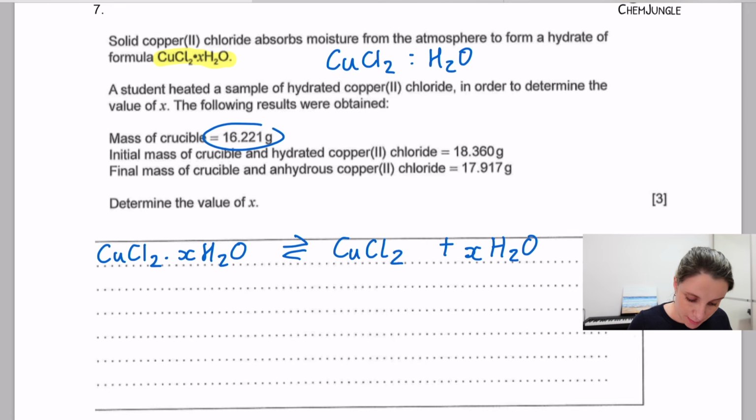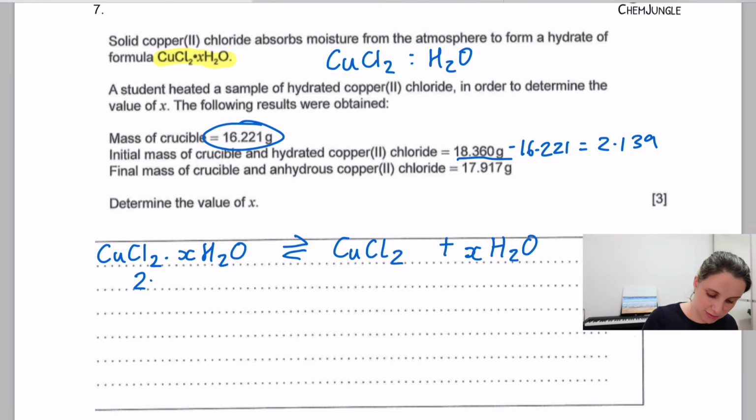In this, they tell us the mass of the crucible and then the initial mass of crucible and hydrated copper chloride. So if I subtract the 16.221 from this, I get 2.139, which gives me 2.139 grams of that hydrated copper chloride.